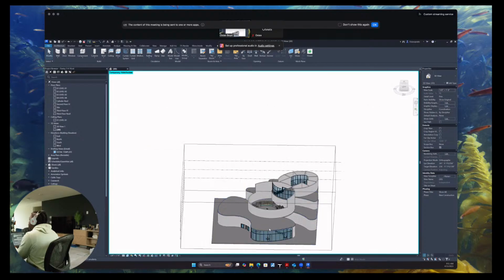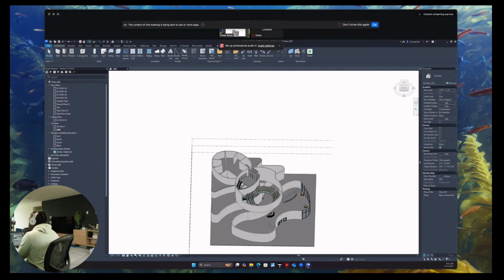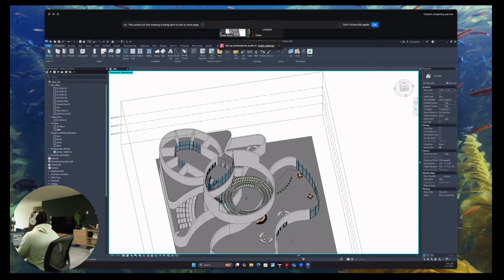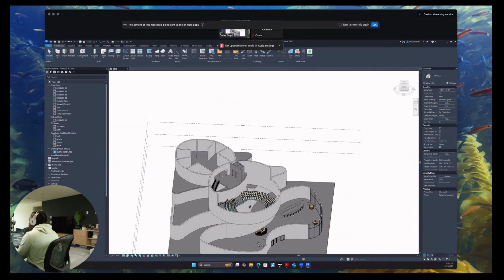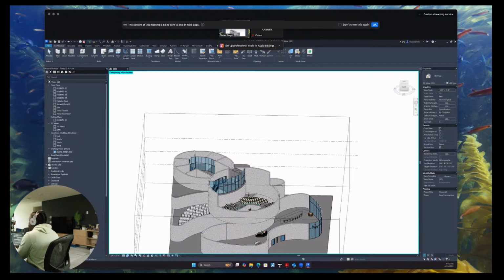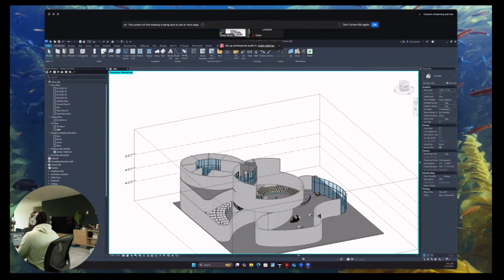Let's see if we can hide this. So you guys can see we have a cafe down on the first floor. We're going to add our gallery. And we're going to add some doors here to add some circulation so that you can walk through. A couple more stairs for the rooftop.